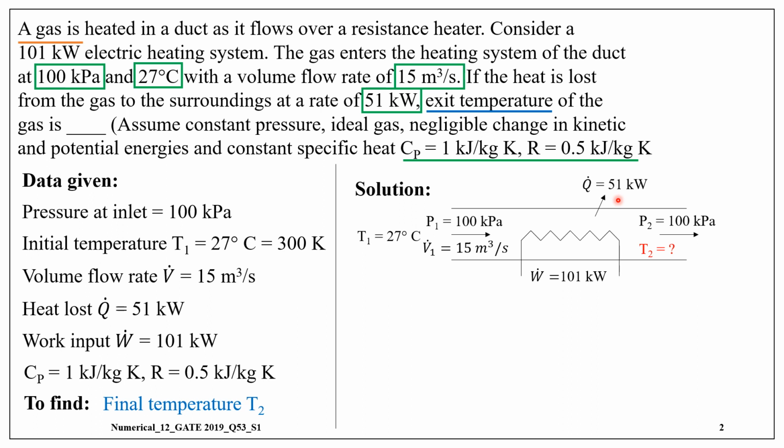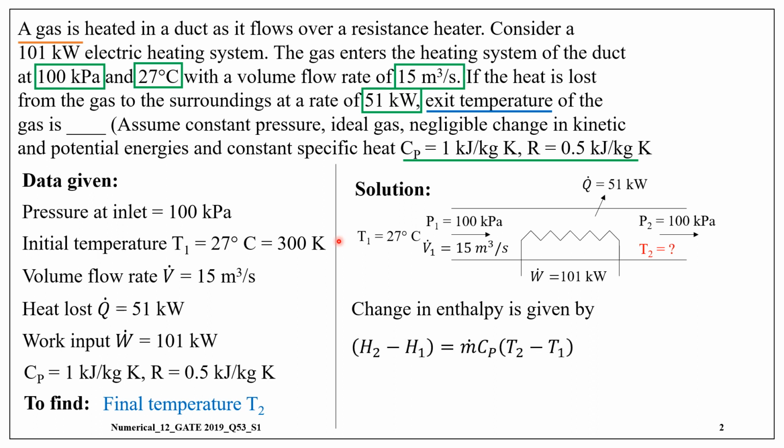From the definition of specific heat capacity at constant pressure, we can write enthalpy change between state 1 and 2 as H2 minus H1 is equal to m dot Cp T2 minus T1. Observe this equation. Our aim is to find out the quantity T2.